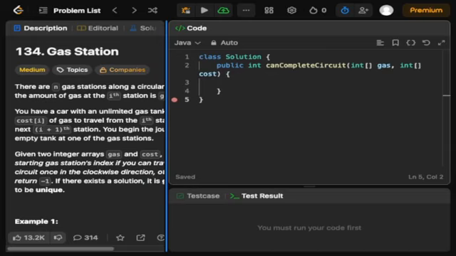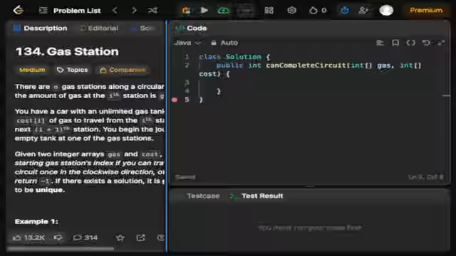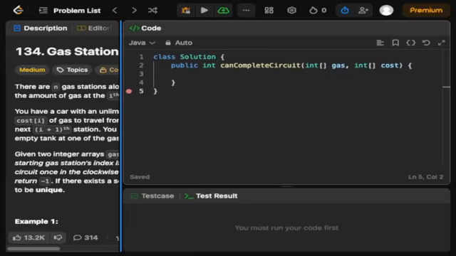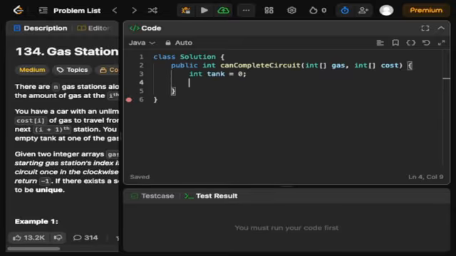As we continue on through this route, we'll put the gas in our gas tank and subtract it whenever we're moving on to the next gas station. Okay, so let's start with that. I'm going to call that one tank. That's what's in our current tank.